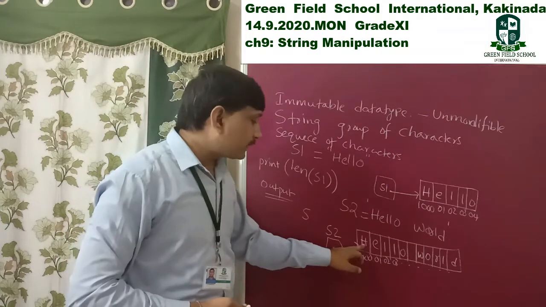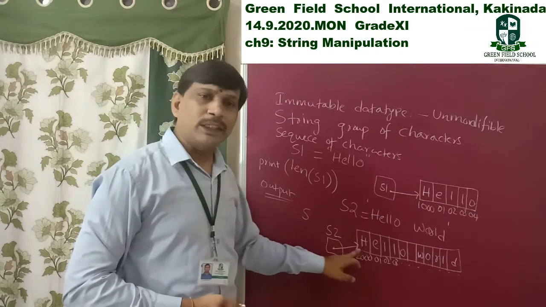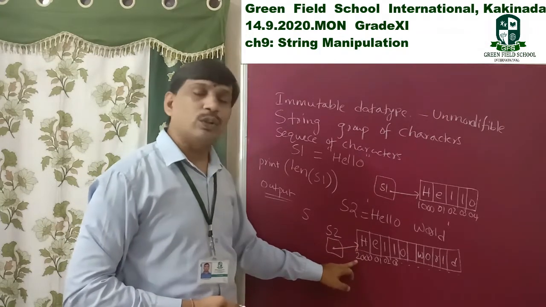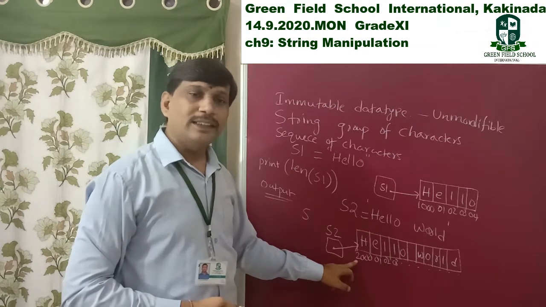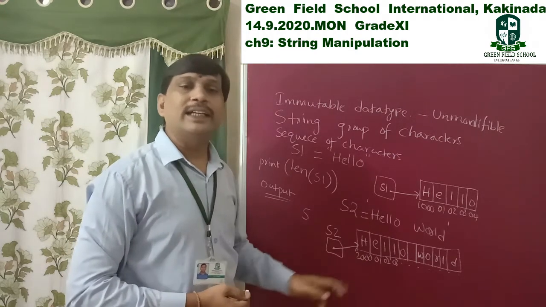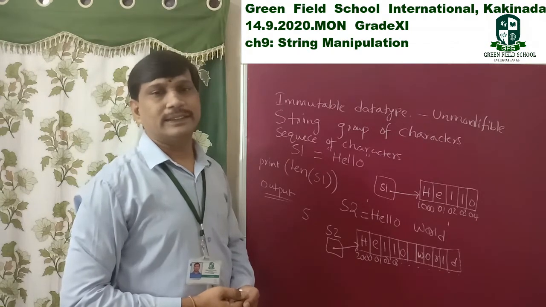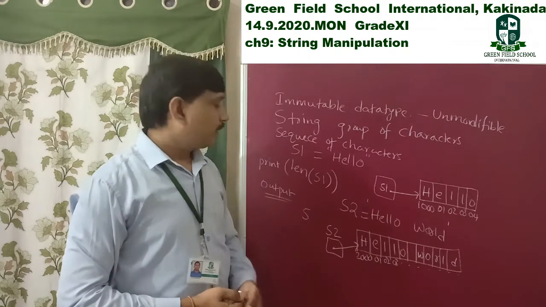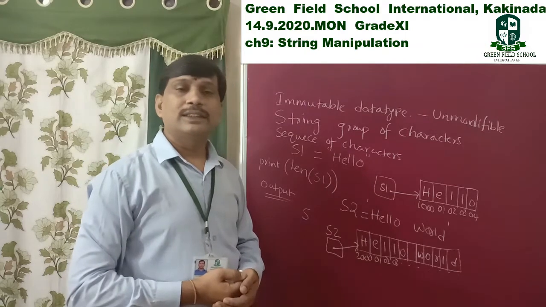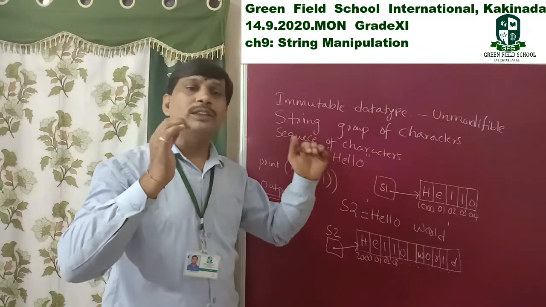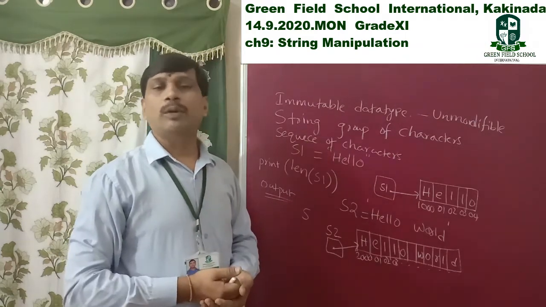S2 represents memory address 2000. In this memory location, it consists of hello world, a group of characters. It is a string. Strings are placed in either single quotes, double quotes or triple quotes.